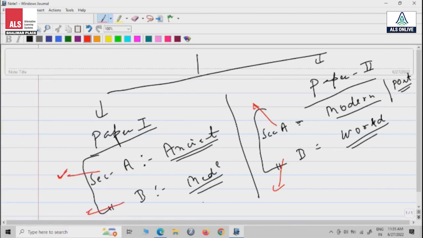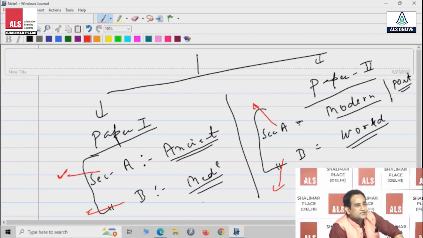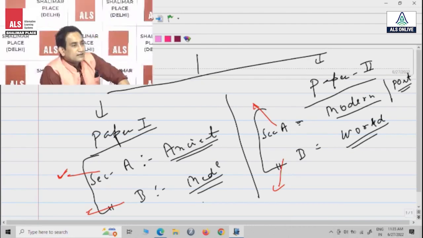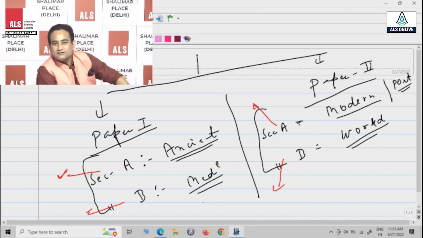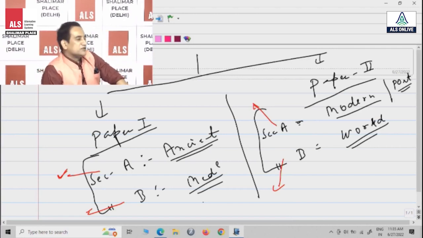Of the rest, 3 you can choose. Section A's first question is compulsory, and section B's first question is compulsory. Those 2 you have to write. And then the rest 3 you can choose, either from ancient or medieval. Suppose you like ancient more, you have more command over ancient, you can go for ancient, or you can go for medieval. Same for modern or world.